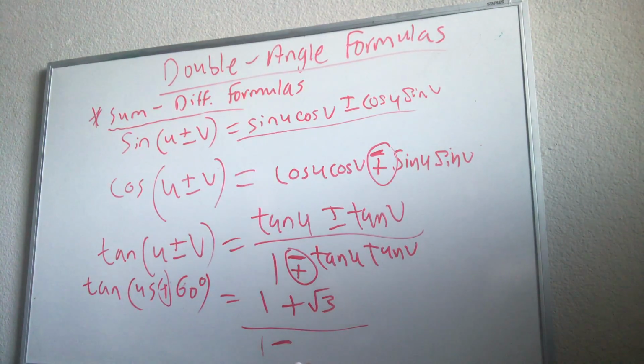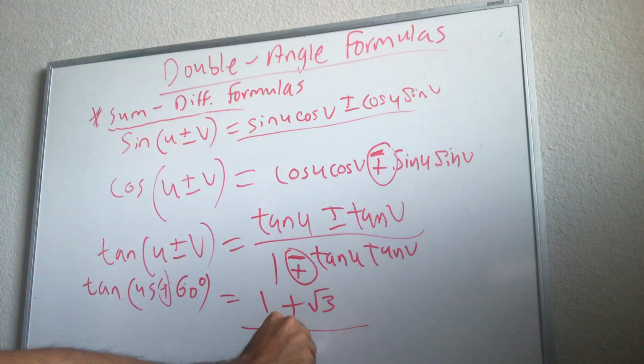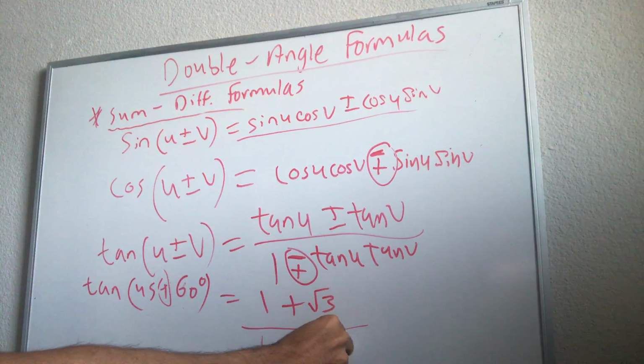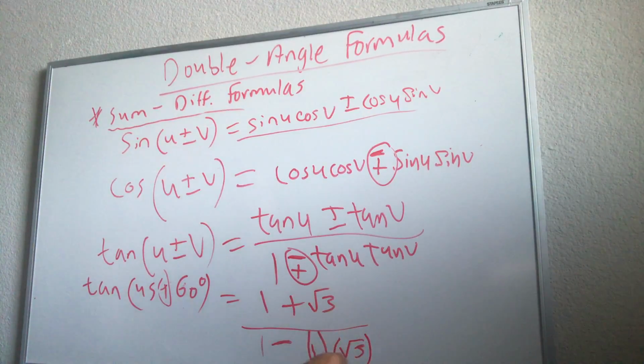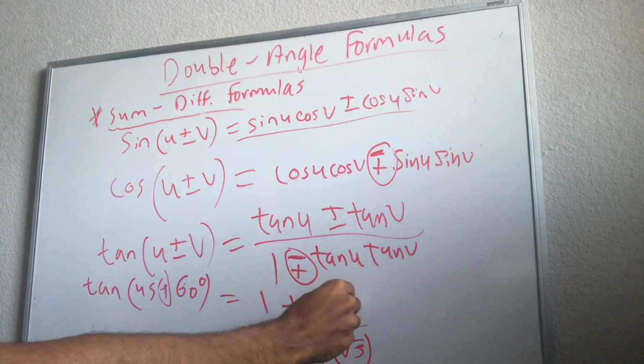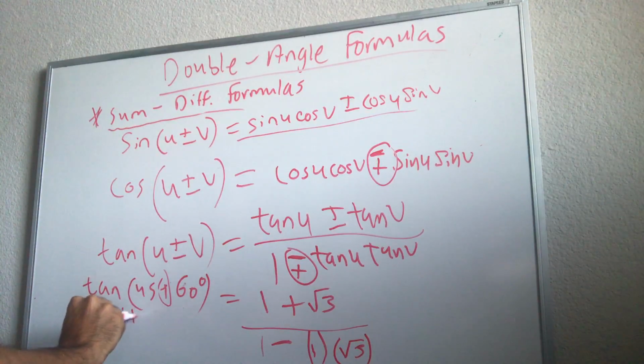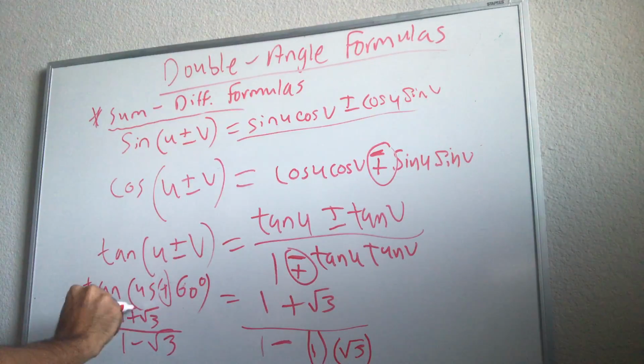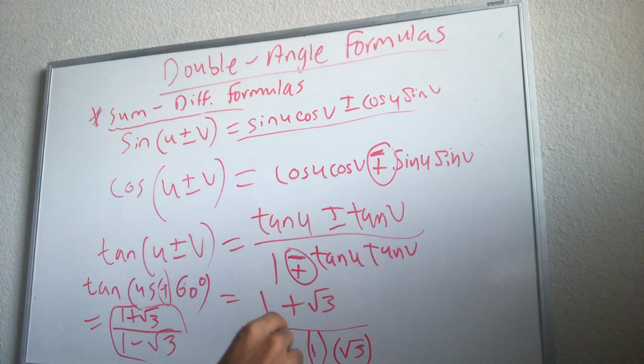So it's 1 minus tangent of 45 degrees, which is 1, multiplied by tangent of 60 degrees, which is root 3. The final answer is 1 plus root 3 divided by 1 minus root 3. That's the value of tangent of 105 degrees.